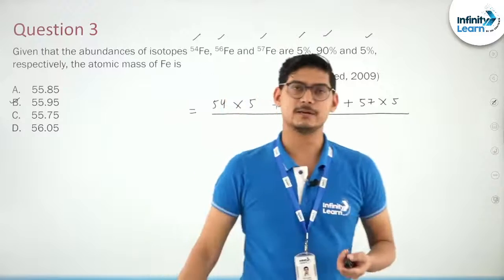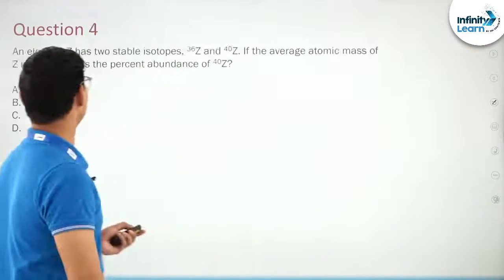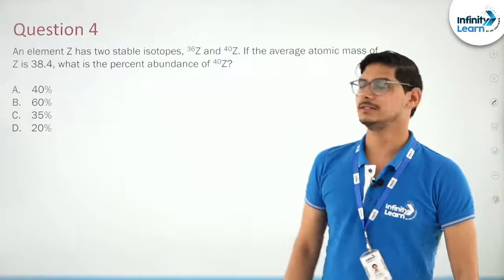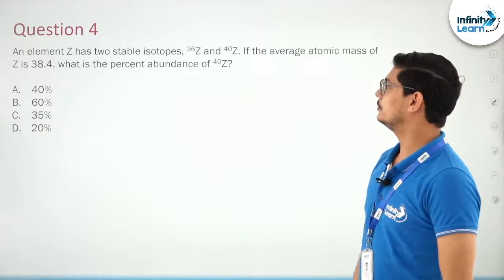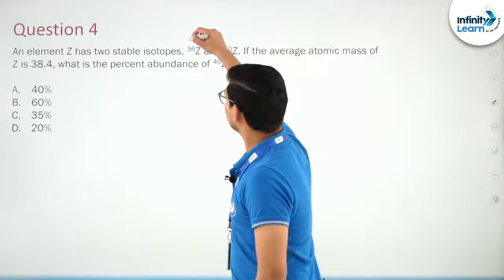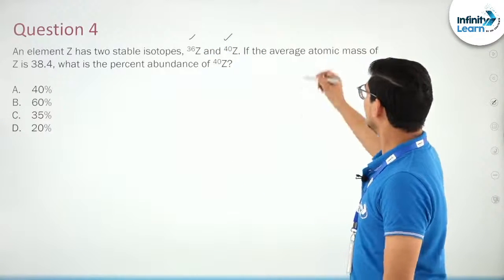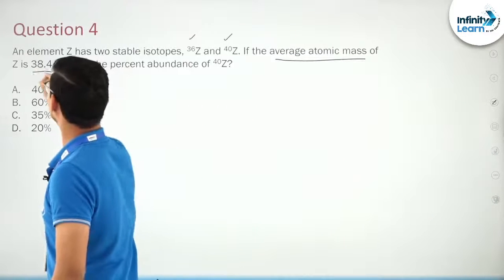We can take another example because these questions have been asked over the years. There is some element Z. It has two natural stable isotopes. Their mass numbers are 36 and 40. The average atomic mass of the element is given. It is 38.4.